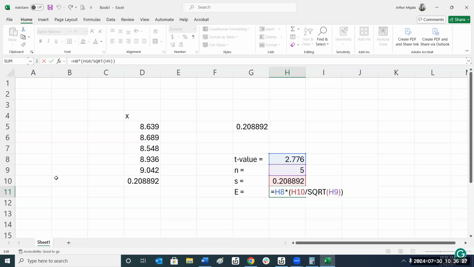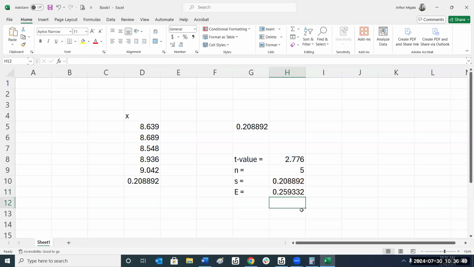That's at location H10, divided by SQRT, the square root, open parenthesis, the square root of N, which I clicked that. That's at H9. And I hit enter. And that gives you my error.